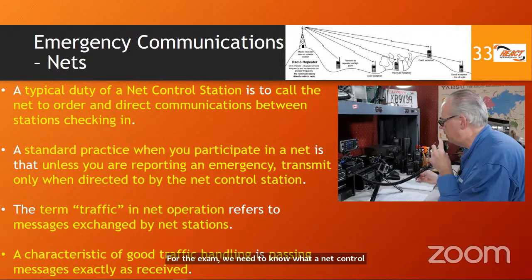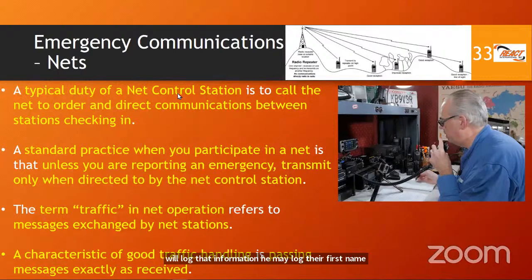This man on the right-hand side may be the net control operator conducting a net, and he's talking to several other operators who are calling him to check in, and he's logging. If you notice, he has a piece of paper, a log sheet, so he's writing down the call signs. For example, the date will be on the sheet, the time, the call sign, as well as other information such as the signal of the person and any message that they pass. He will log that information.